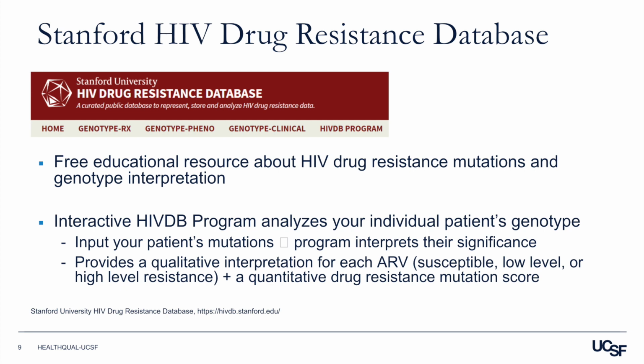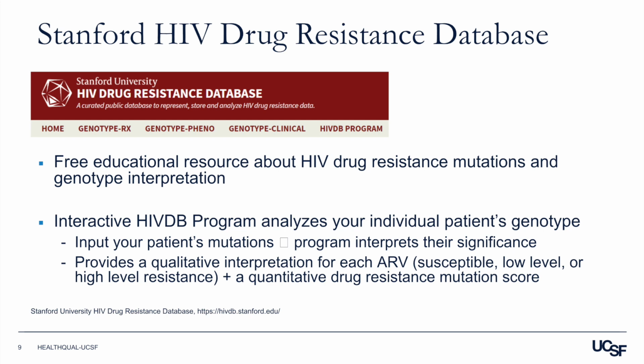This is a resource that I want to introduce that is really helpful when you are interpreting HIV genotype. The Stanford HIV Drug Resistance Database is a free and publicly available website. It has a lot of information about HIV mutations. And it also helps with genotype interpretation. It has overviews of how to interpret different mutations.